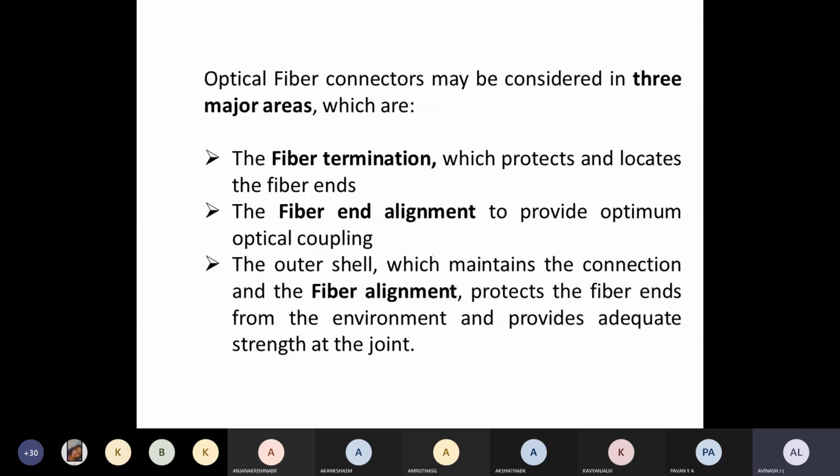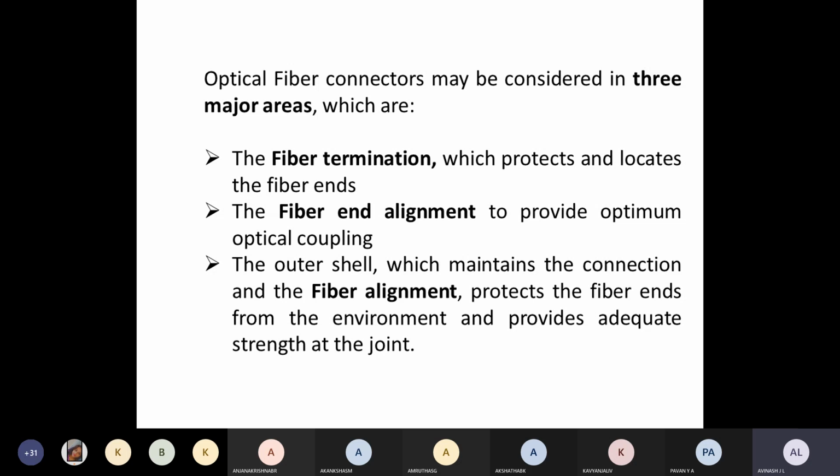The second thing is fiber end alignment to provide optimum optical coupling. Whatever signal we are passing, if the end alignment is not proper, the fiber core axis is mismatched.